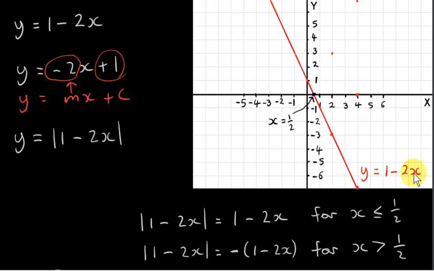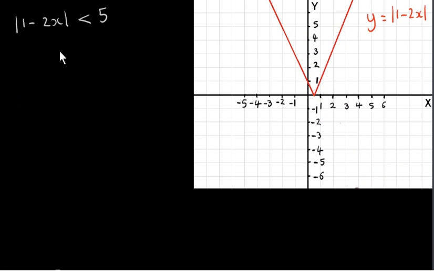We have to minus the old function. In other words, we have to take the values that we get in our old function, which are negative for values of x greater than half, and just minus them, make them positive. So basically we're just reflecting the part of this graph which is below the x-axis through the x-axis. So we get this v-shaped function.